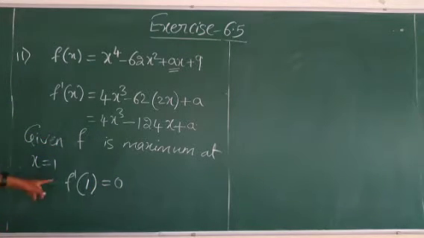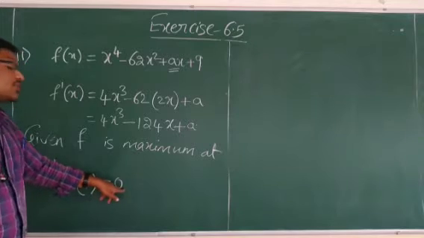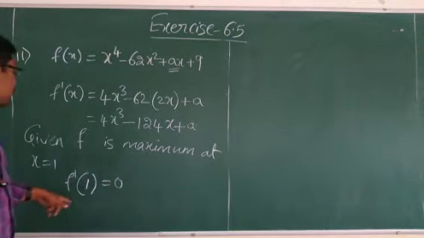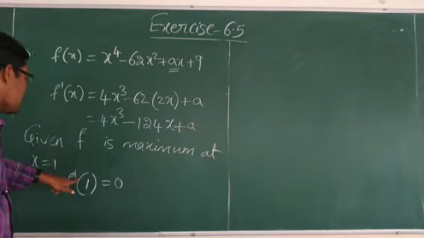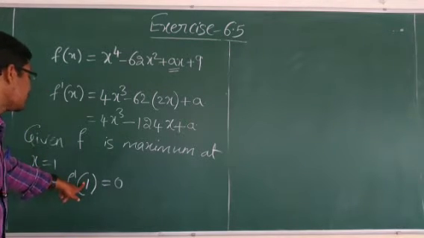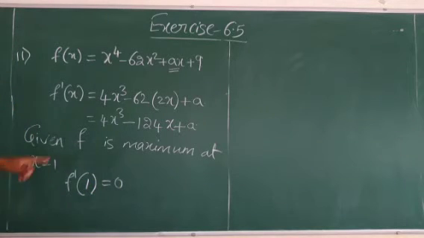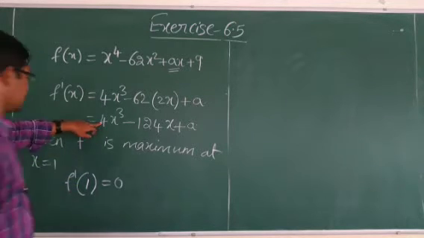Normally what we write is f dash of x equal to 0 and then we find the value of x. But in this problem it is already given at 1. At 1 it is maximum. So at 1 the derivative equal to 0. So we can substitute this in the equation.